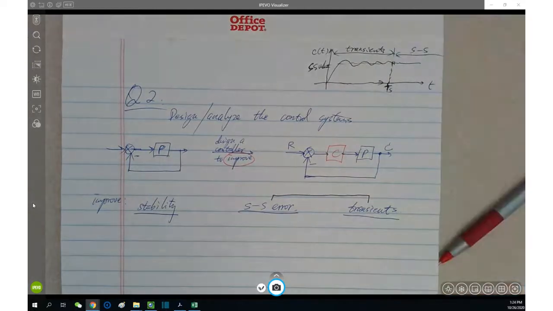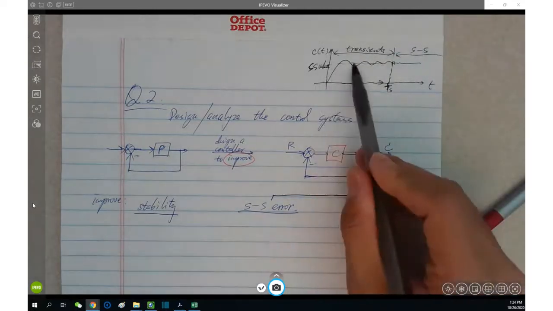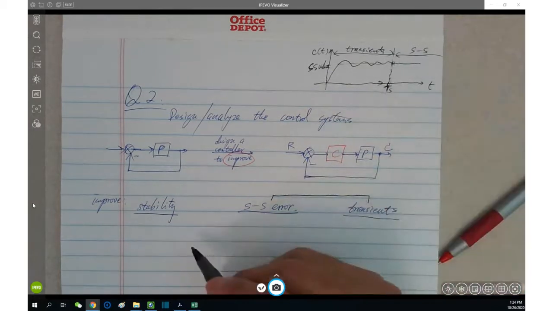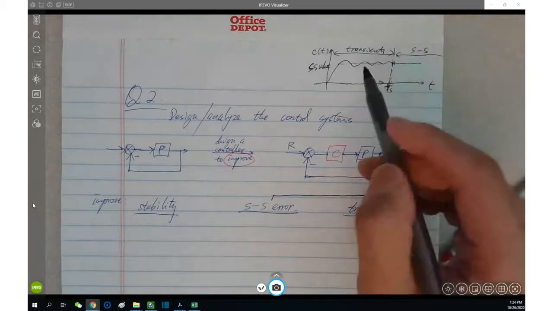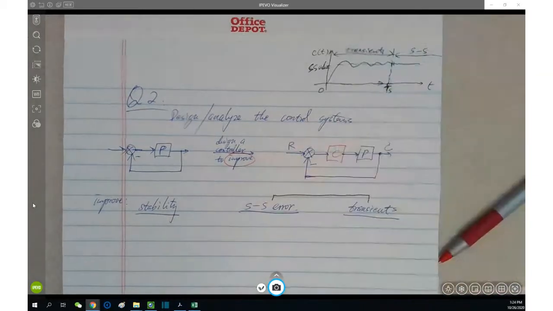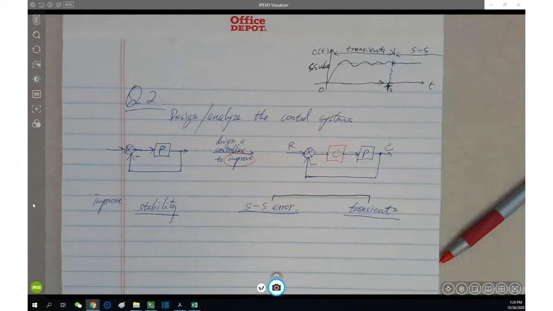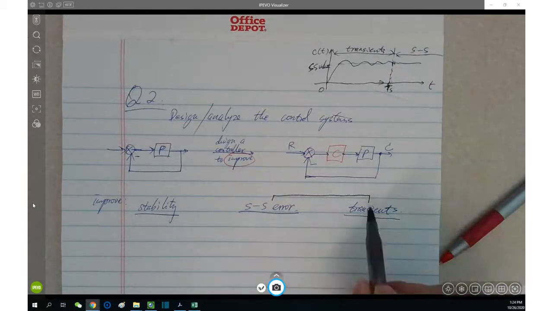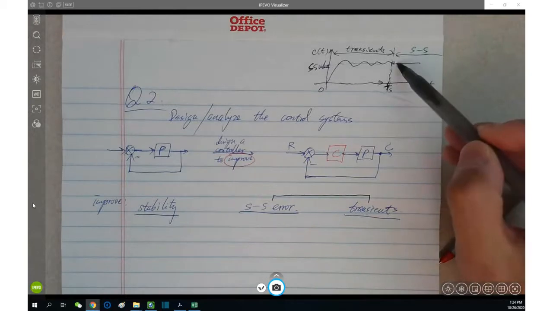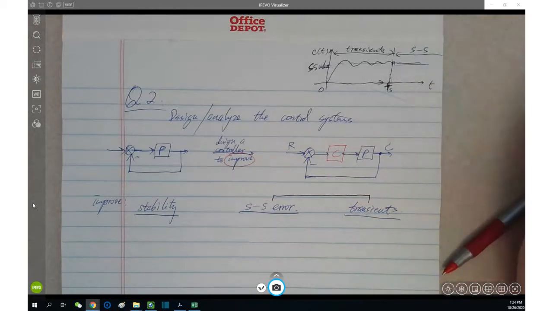So this is the steady state value. This is the settling time. Before the settling time, between 0 and the settling time moment, we have transient. After that is steady state. So these two are pretty much talking about this output: how to make your output a perfect steady state, which means your steady state error is 0.